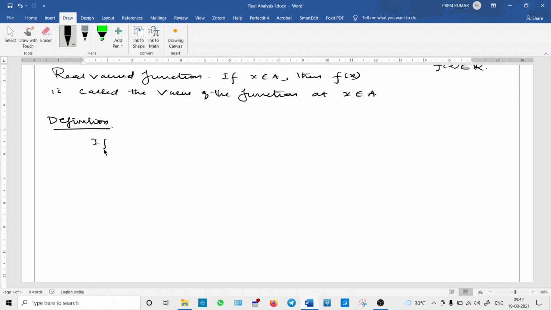Now suppose f is a function from A to R, and suppose g is another function from the same set, the same domain. You have to see the same domain, and f and g are both real valued functions. We take two real valued functions with the same domain, but they are two different functions.